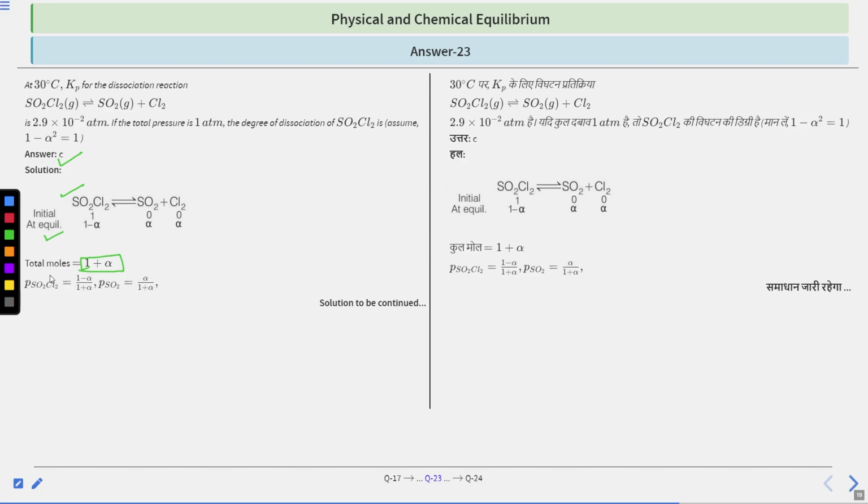Now pressure of SO2Cl2 is equal to 1 minus alpha, that is the moles of SO2Cl2 divided by total moles, 1 plus alpha. And pressure of SO2 is alpha, that is moles of SO2 divided by total moles, which is 1 plus alpha, into total pressure, but total pressure is 1 atmosphere, so it will become this only.